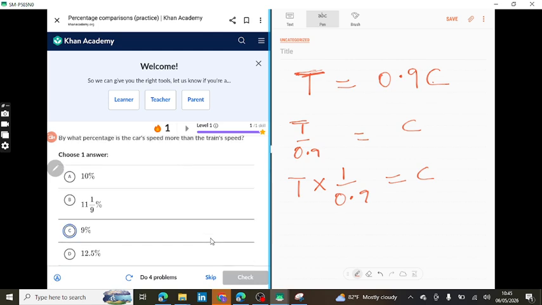So it's going to be 1.1111 times t equals c. And you see that 1.111 is approximately 11%.